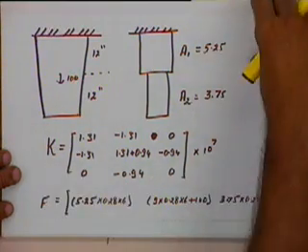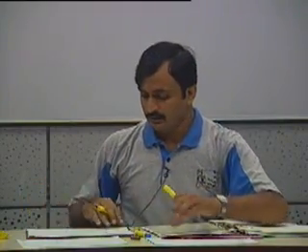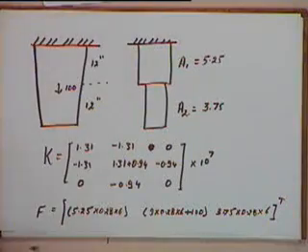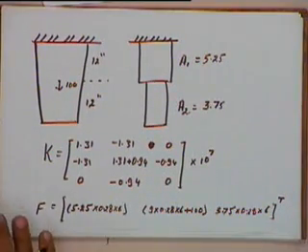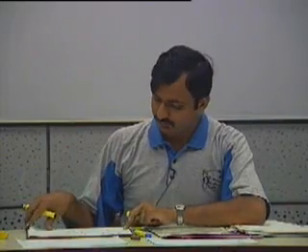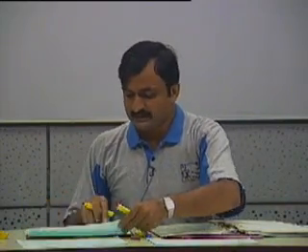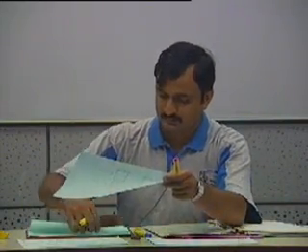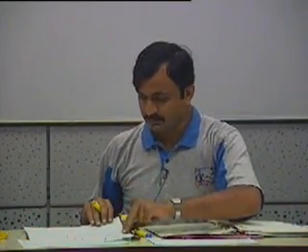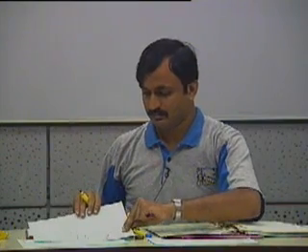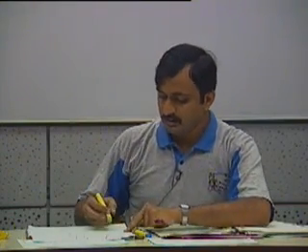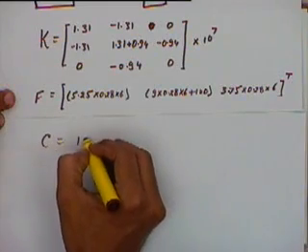Okay. Now, if I use the penalty approach, then I have to modify both the K matrix as well as the F matrix by adding the C terms. Let us say I take C to be equal to some value, let us say 1000.